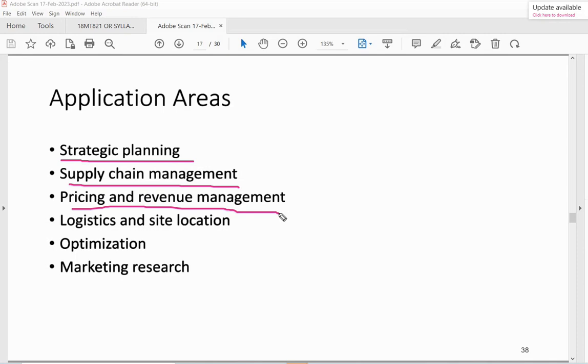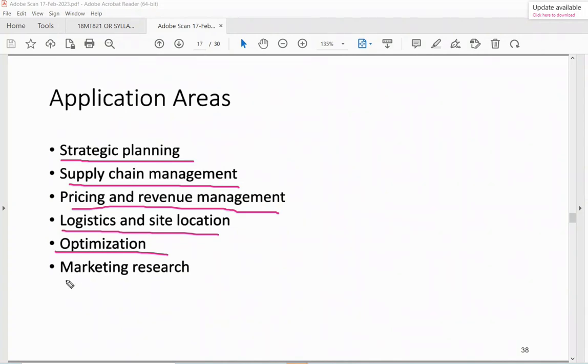That should come from proper operational research. Then logistics and site location. Where can we use logistics and site location? In transportation applications. Then proper optimization, in order to minimize or maximize productivity and efficiency of the system.